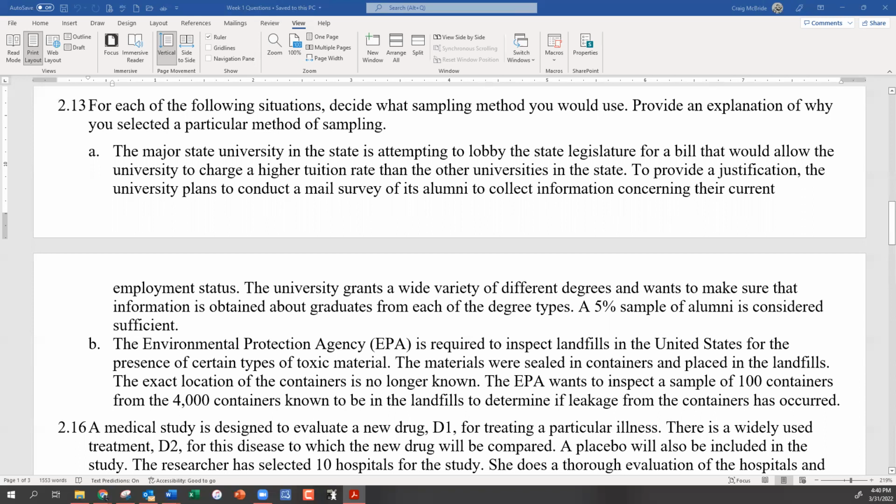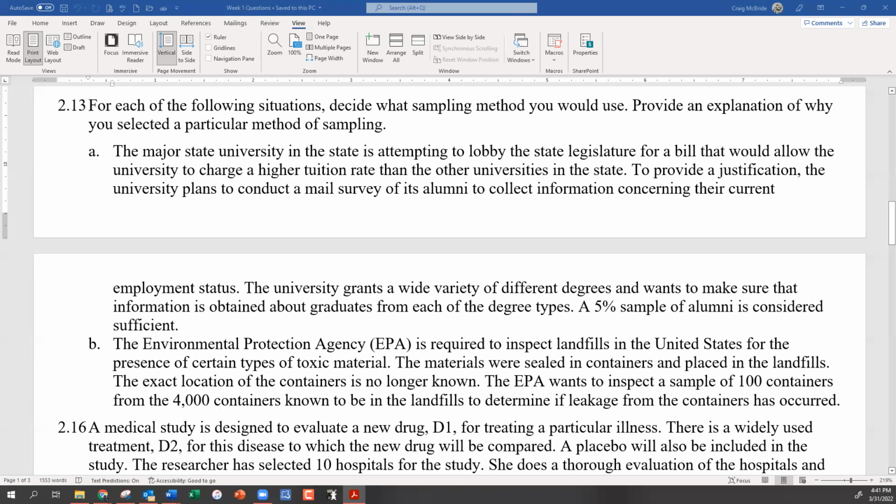To provide a justification, the university plans to conduct a mail survey of its alumni to collect information concerning their current employment status. The university grants a wide variety of different degrees and wants to make sure that information is obtained about graduates from each of the degree types. So a 5% sample of alumni is considered sufficient. What kind of sampling, right, would we use here then?